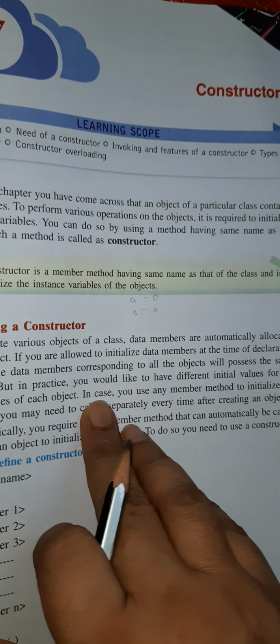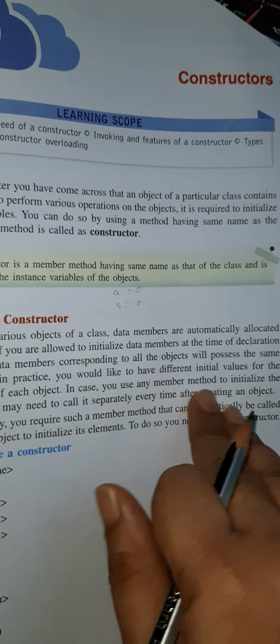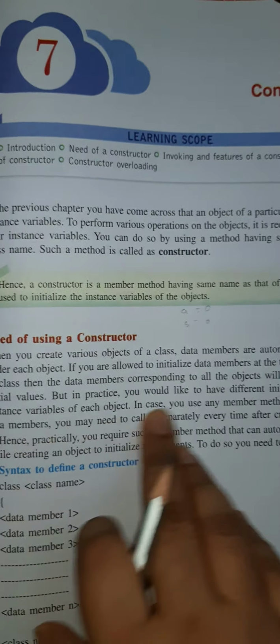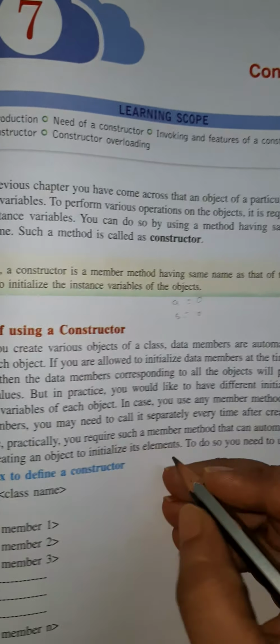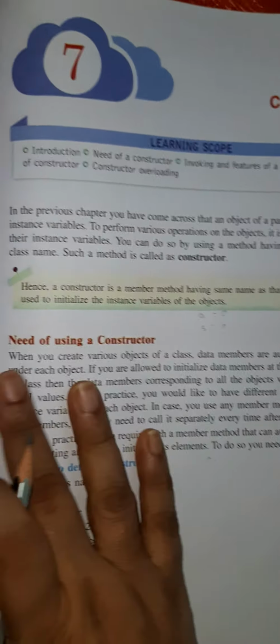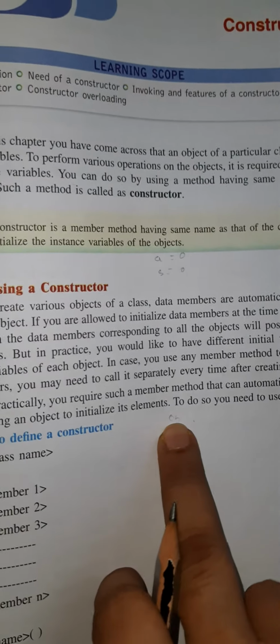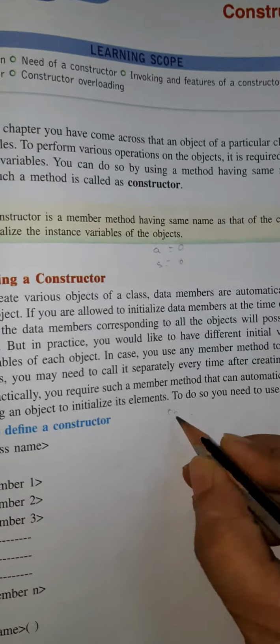So if you use a method for initializing, that method has to be called again and again by using ob dot, for example ob dot input. But when we use a constructor, we do not have to call it by making an object of the class. If it is a constructor with the same name as the class, it is not needed to call it with the object; it automatically gets called.